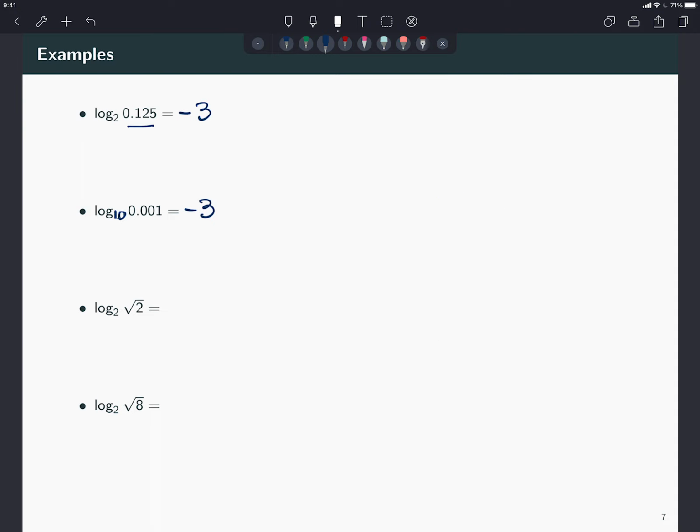Log base 2 of root 2. In the previous video, if you're coming from that video, I talked about fractional exponents. So root 2 is the same as 2 to the power 1/2. So I really have nothing to do here, because I'm looking for an n such that my base, 2 to the n, gives me root 2.